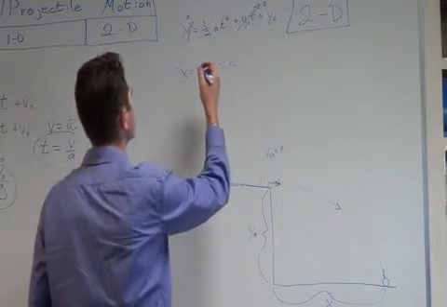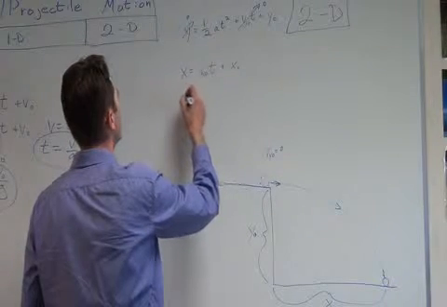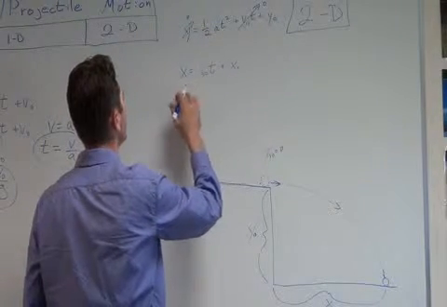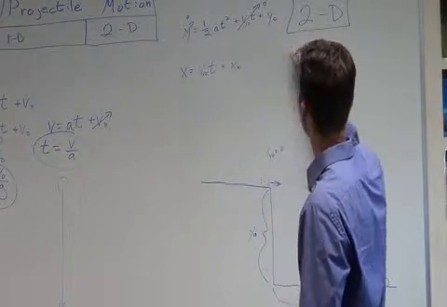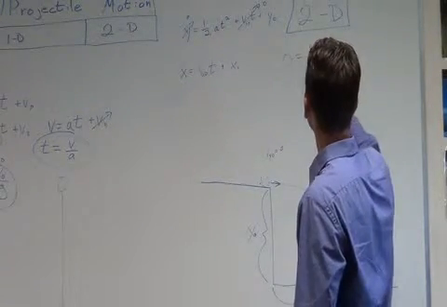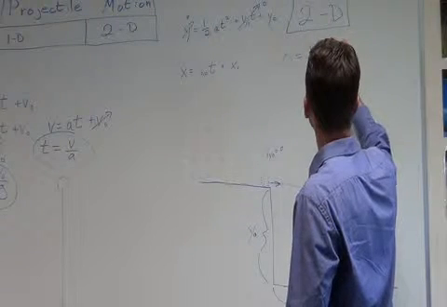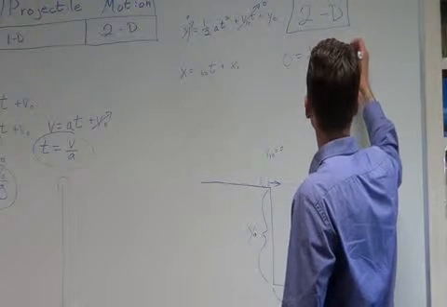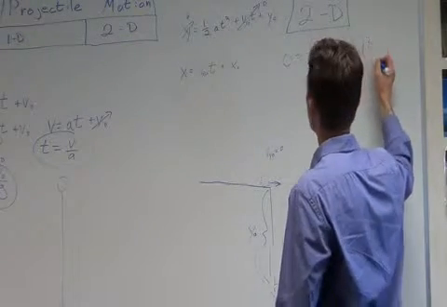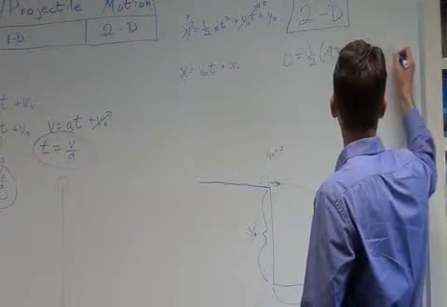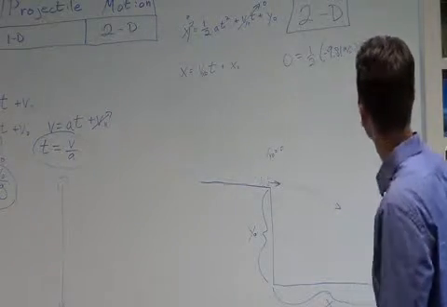So here we go. I'll write this off to the side. From this equation, we'll say 0 equals 1/2 times negative 9.81 meters per second squared times t squared plus y naught. Okay?